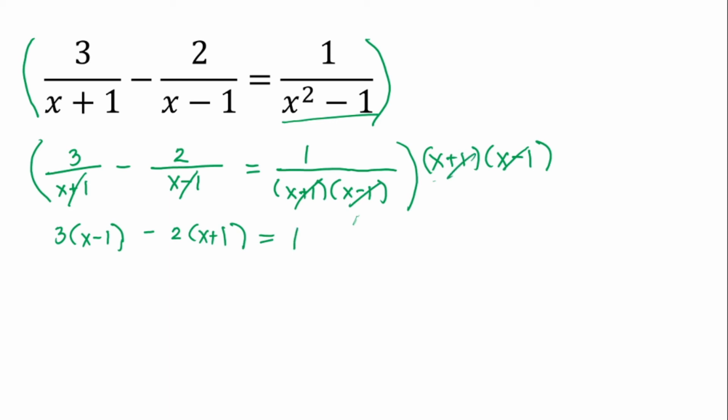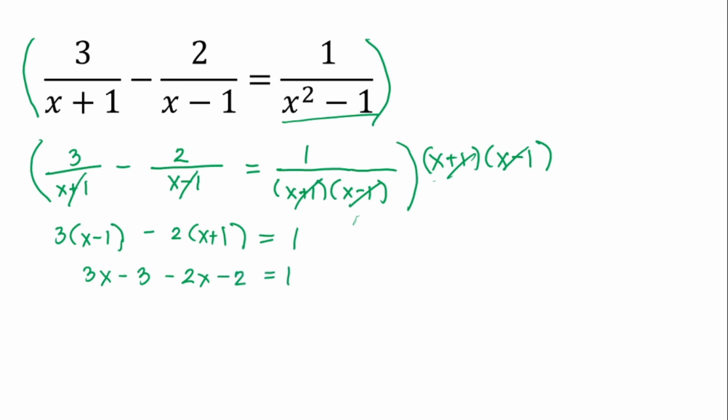So, now let us simplify the equation. Let us distribute 3 to x minus 1. Magiging 3 times x is equal to 3x. 3 times negative 1 ay negative 3. Next, distribute negative 2 to x plus 1. Negative 2 times x is negative 2x. Negative 2 times 1 ay negative 2. Okay po.